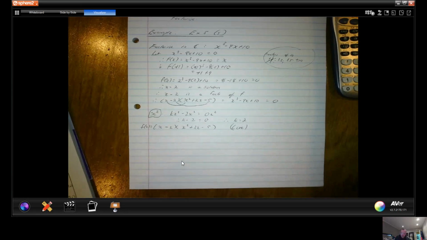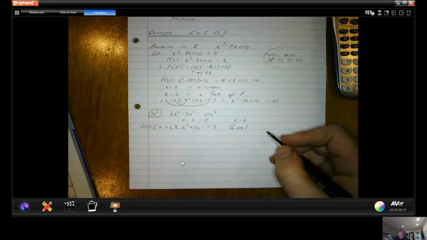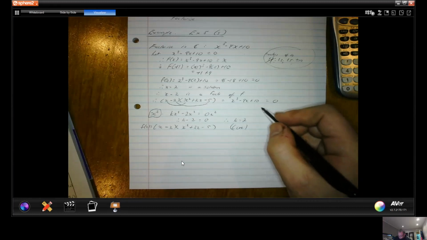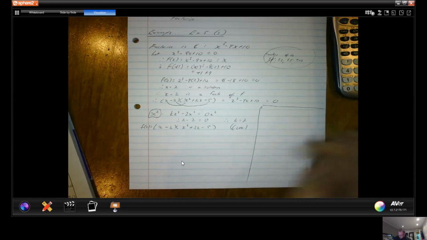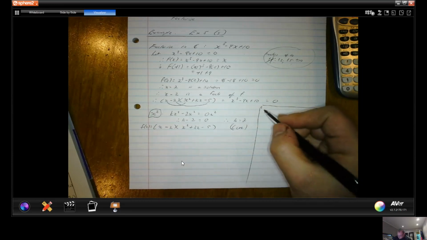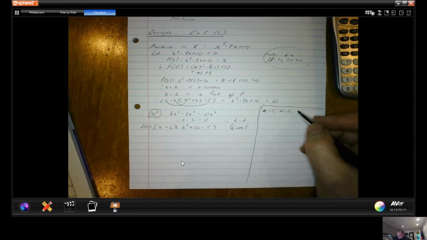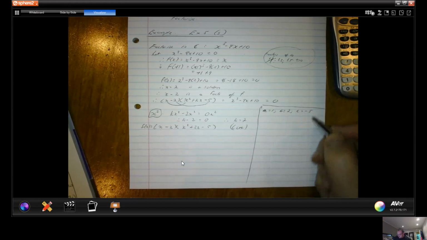That's your rational factorization. However, we're factorizing in the complex number system. So in the complex number system, I have to solve that quadratic. In that quadratic, a is equal to 1, b is equal to 2, c is equal to negative 5.